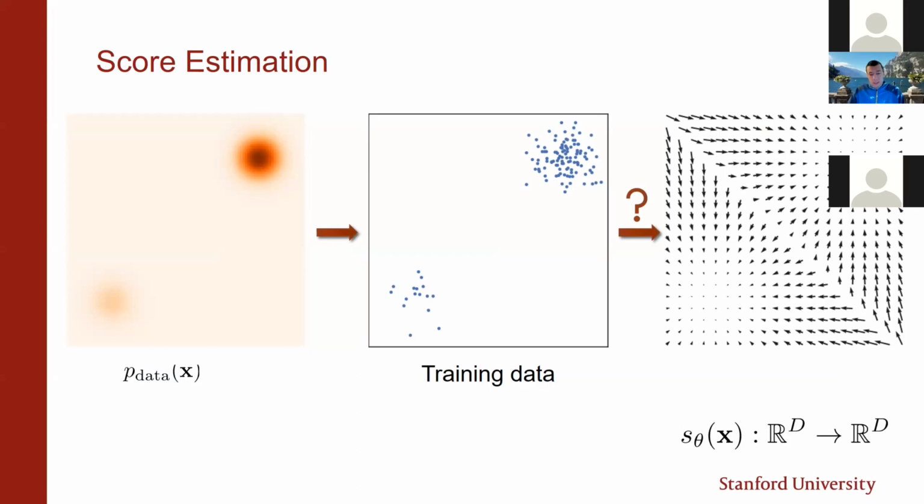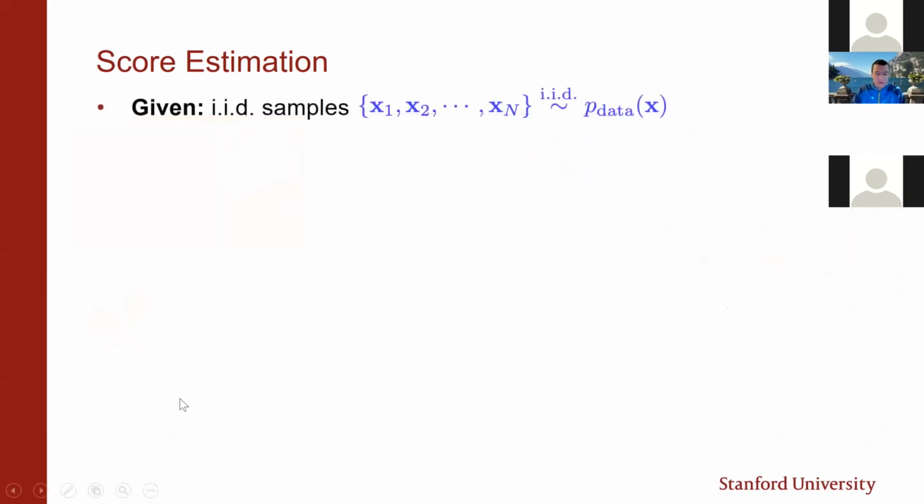Let's say that we have a set of training examples from this distribution that are sampled IID. Then the question becomes, how do we estimate the underlying vector field of scores? How do we figure out what is a good approximation of the true underlying vector field of scores?